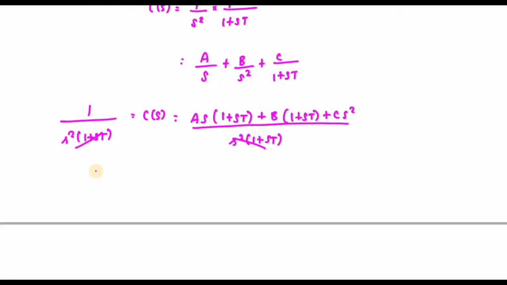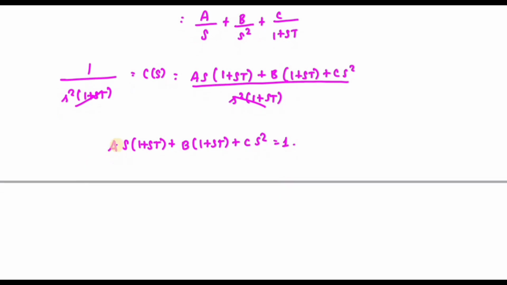So I can write A s (1 + sT) plus B (1 + sT) plus C s square is equal to 1.